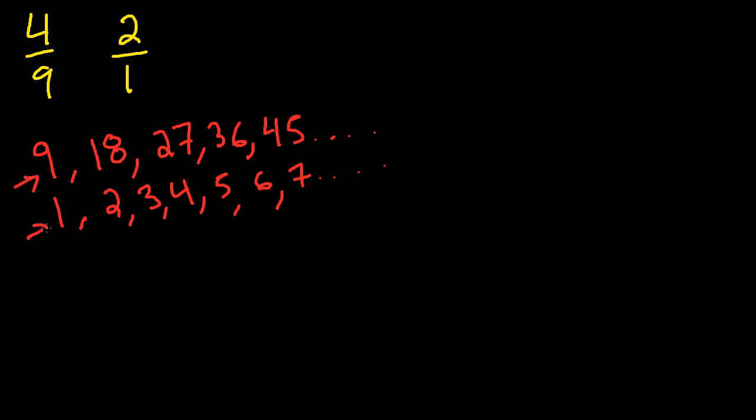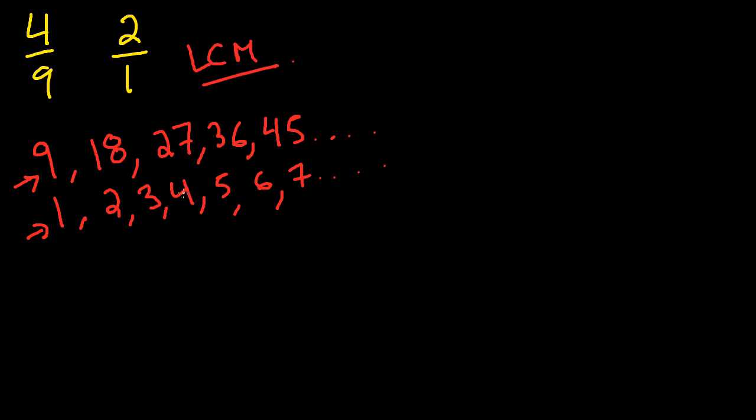So we need to find the lowest common multiple, right? The lowest common multiple is the multiple that's common to both numbers. So how do we find that? Well, we look at if there's a number that is the same in the first row and the second row.